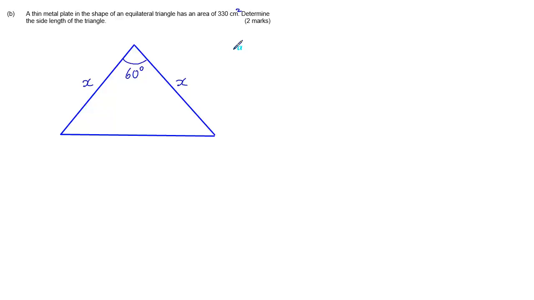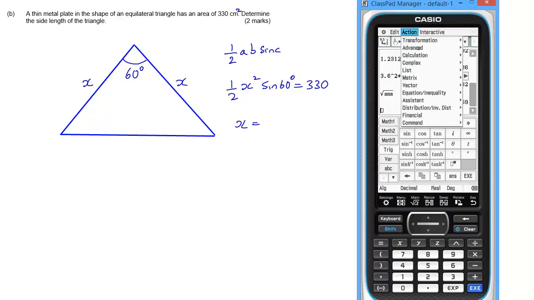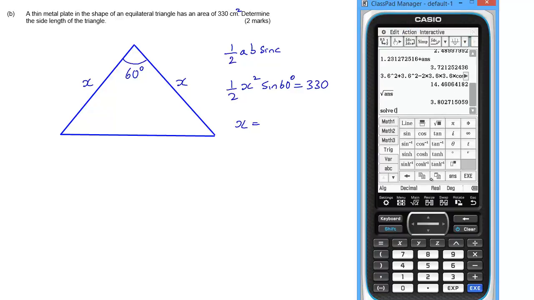We know that the formula is a half ab sine C. So half of x squared times the sine of 60 degrees has to be equal to 330. Well, we can just solve that on the calculator. So action, advanced, solve.